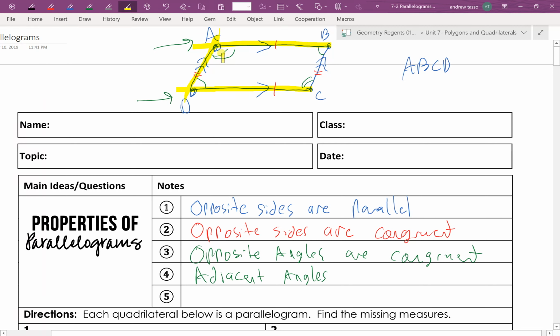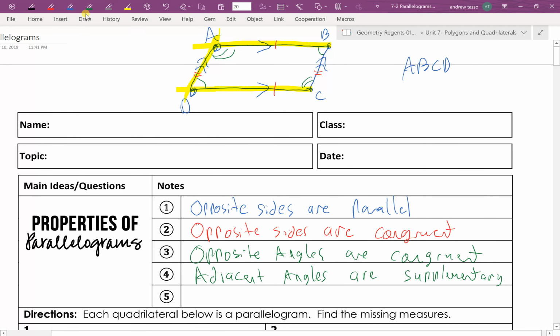And so what we notice is that the two angles in question, these ones, these are what we would refer to as same side interior angles, right? So when we have same side interior angles, we know that they are supplementary, right? So we can say that anytime we have angles that are adjacent inside of a parallelogram, they're going to be supplementary. So let's write that in. Adjacent angles are supplementary, meaning that they add up to 180.